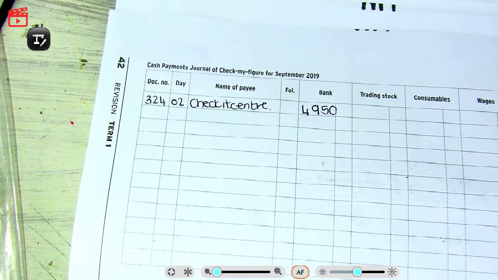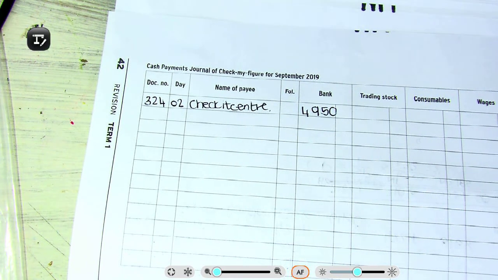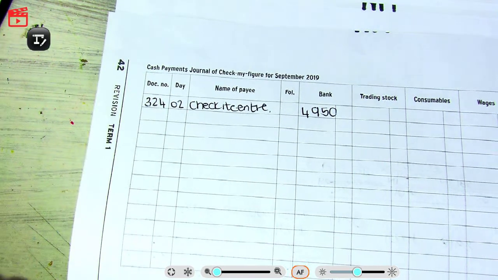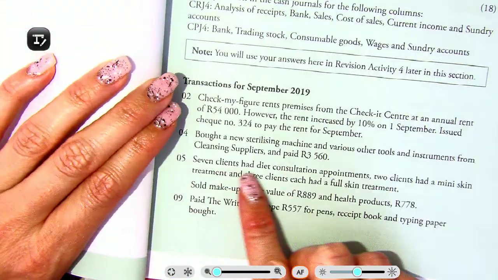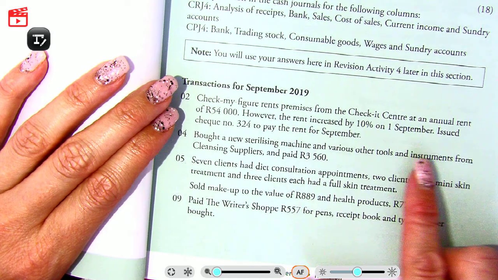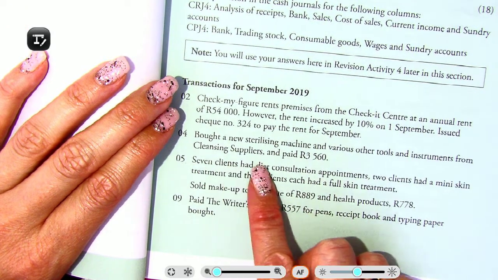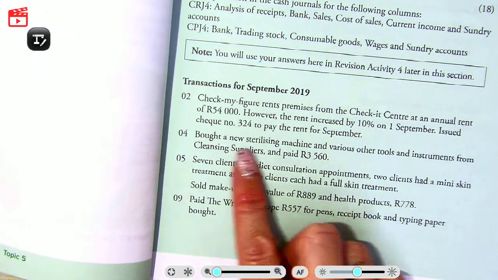Okay, wonderful. My next transaction that goes into my CPJ is on the 4th, and it says that we bought a new sterilizing machine and various other tools and instruments from Cleansing Suppliers and paid 3,560. Okay, so sterilizing machines and other tools.